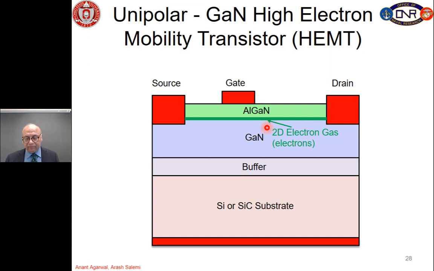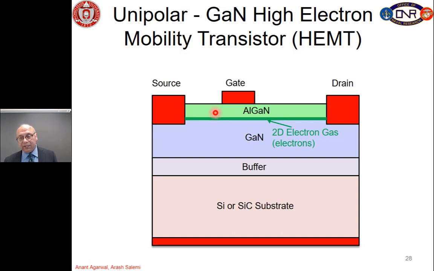Then finally, there is a new type of switch called the gallium nitride high electron mobility transistor, HEMT in short. It is a unipolar device where the current flow from source to drain can be controlled by a voltage on the gate terminal, but the main benefit of this kind of switch is presence of a two-dimensional electron gas, which is a very high concentration of electrons that can flow from source to drain, and that is achieved by having different band gaps as we go from GaN to AlGaN.